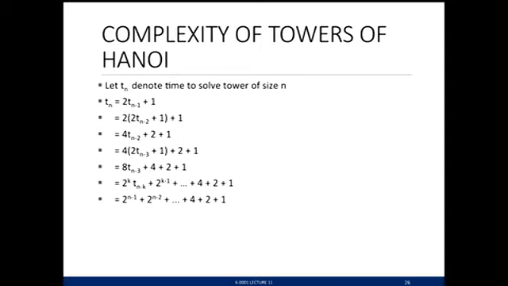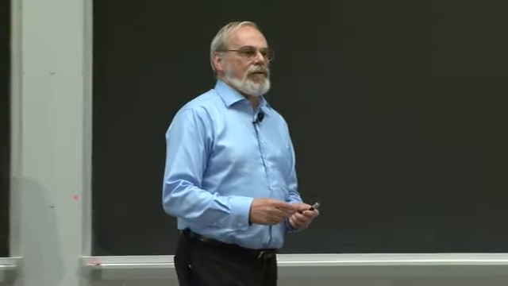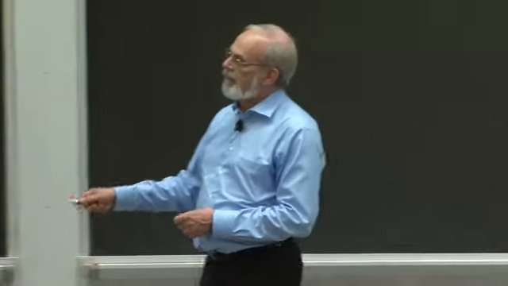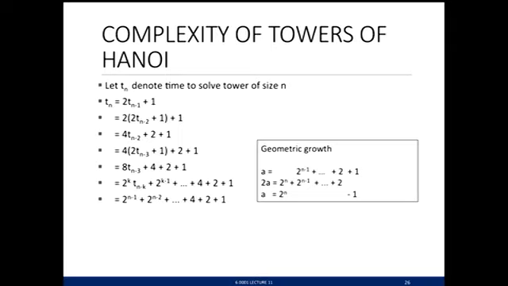What's that? Well, if you're a Course 18 major, you've seen it before. If you haven't, here's a nice little trick. Let me let a equal that sum: 2 to the n minus 1 plus 2 to the n minus 2 all the way down to 1. Let me multiply both the left and the right side by 2. That gives me 2a is equal to 2 to the n plus 2 to the n minus 1 all the way down to 2. I'm just taking each of the terms and multiplying them by 2.